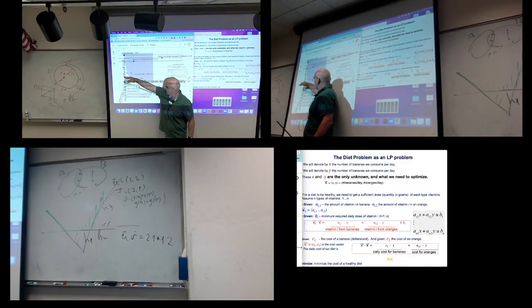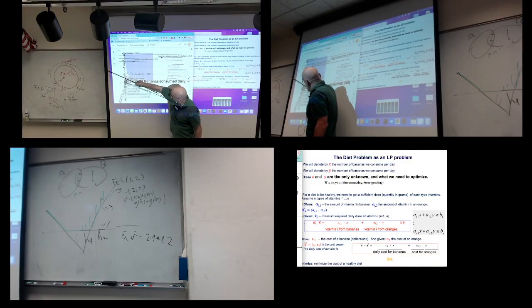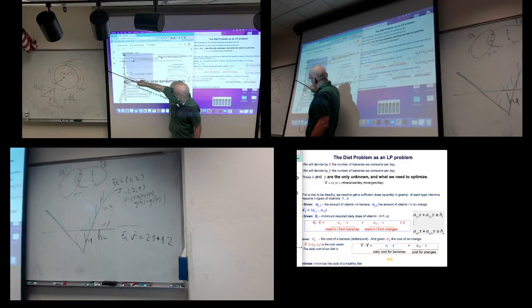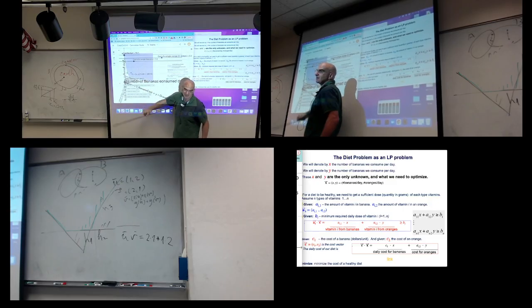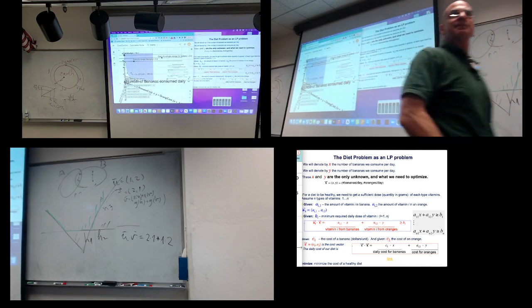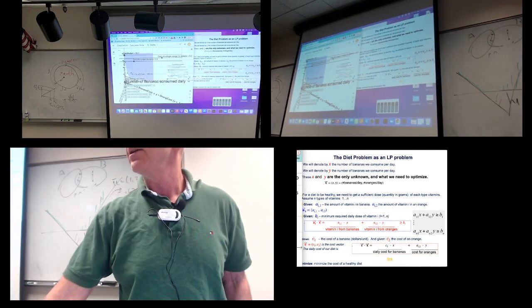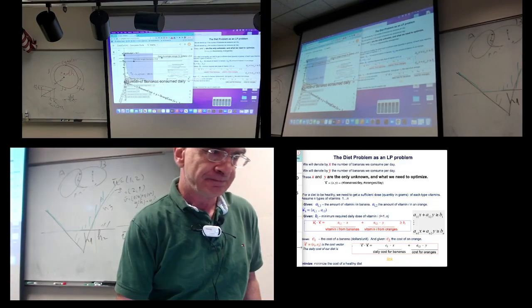So move with this line. After you computed the feasible region, move the cost line, the budget line, parallel to itself until you first hit a vertex. And this vertex is the cheapest healthy diet, the cheapest point in the feasible region. That would be the first idea of linear programming.